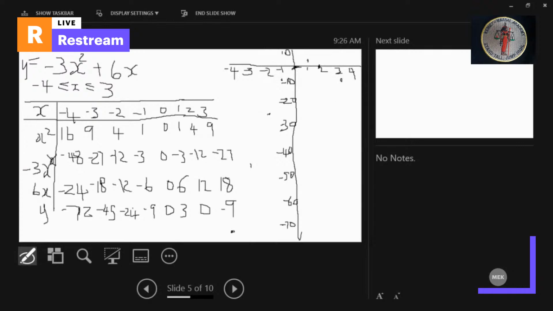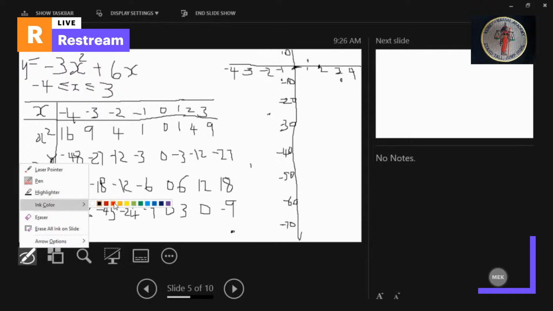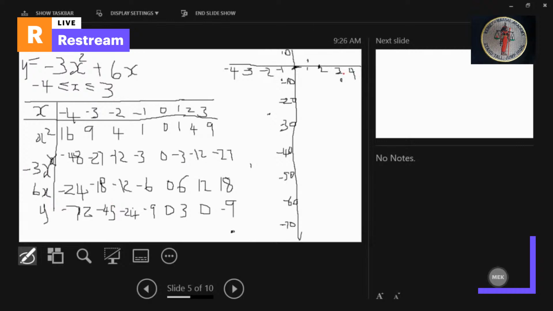All right, so let's connect our dots. Remember, no ruler. It's quadratic, we don't need a ruler. We use our free hand, and we just try to be as careful as we can. That did not go through, but it's supposed to go through. Let me redeem myself. Let me see if I can do any better.